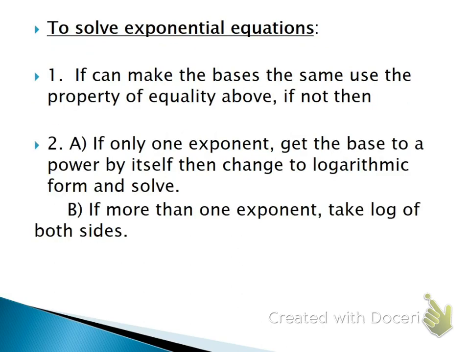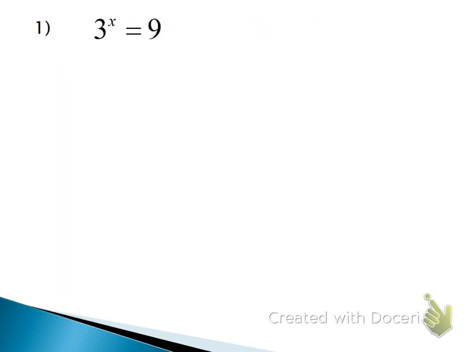So let's look at a couple examples here: 3 to the x equals 9. Well, isn't 9 3 squared? So you've got two ways to approach a problem like this. Before today, you would have written it as log base 3 of 9 equals x, and you would have thought, 3 to what power gives me 9?